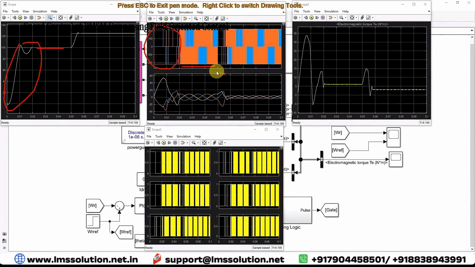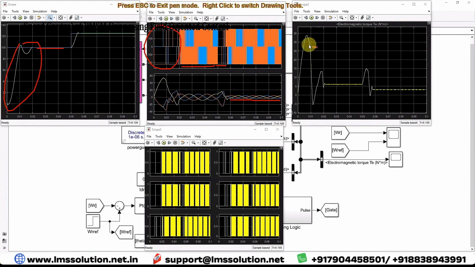At this point, after 0.05 seconds, the speed command changes from 100 to 125 radian per second. Because of that the voltage of the inverter will change, and you can also see some increase in current during the speed command variation in the PMSM. After reaching the reference speed command, it has steady state current.